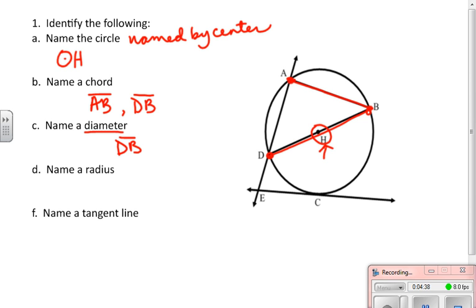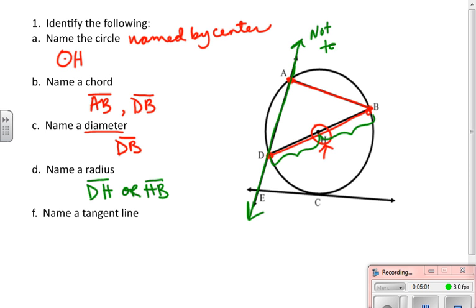A radius, I have two to choose from, DH or HB. And a tangent line, there are two tangent lines. This is not, sorry, there's one tangent line.